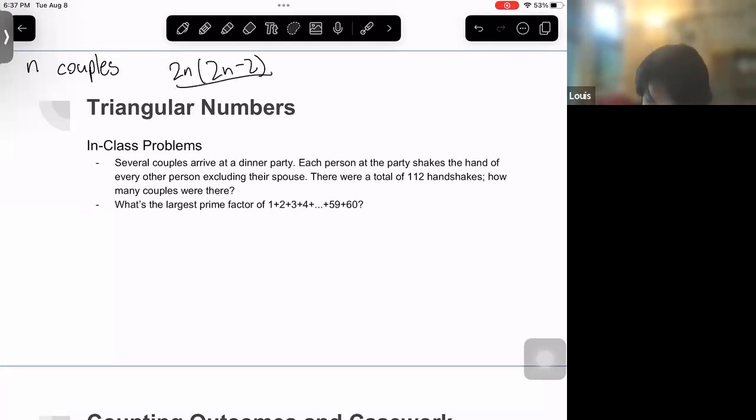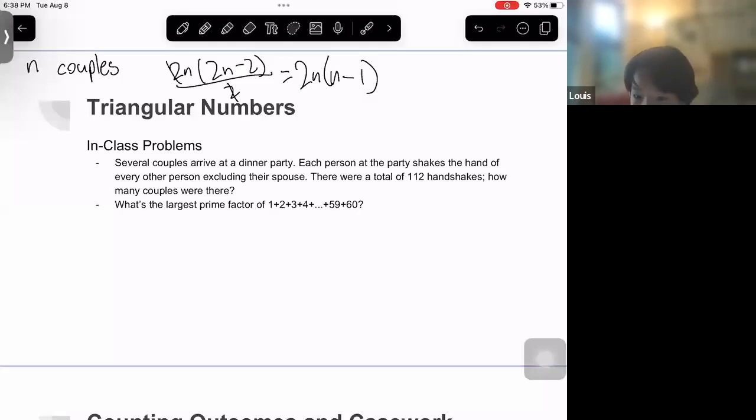Then this is divided by 2, and these two cancel, and this will just give us 2n times n minus 1. Okay, so that's the number of handshakes.